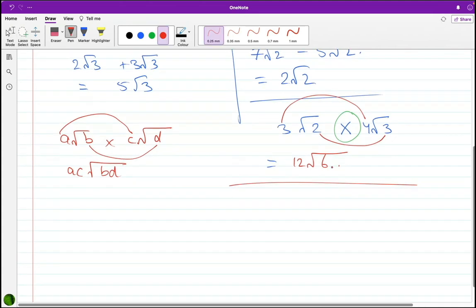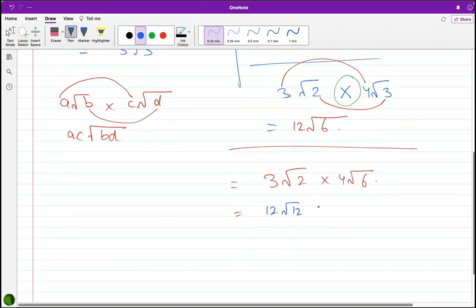I'll give you such numbers, suppose this is 3 square root 2 times 4 square root 6. Mohammed, what would it be? 12 root 12. That is correct. And we may not find this in the answer options because we know we can further simplify 12. 2, 6, 2, 3, 3, 1.